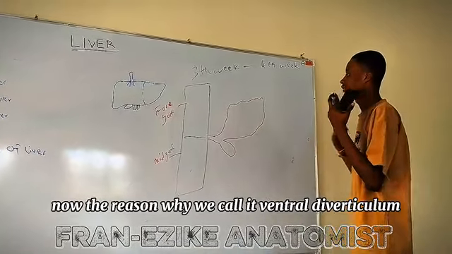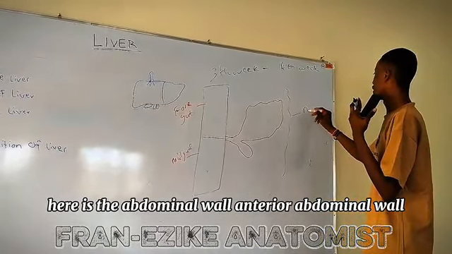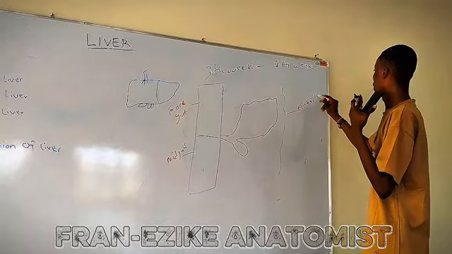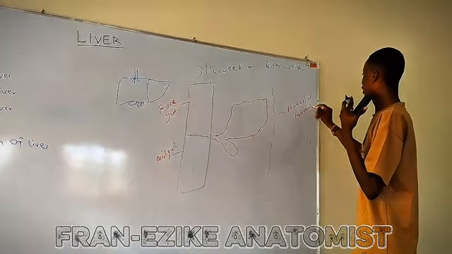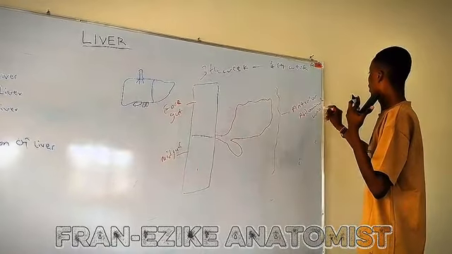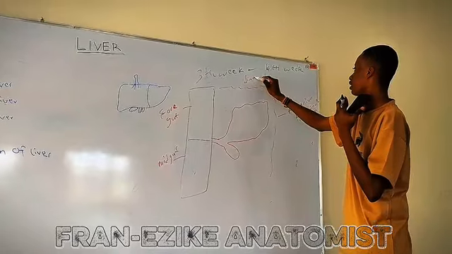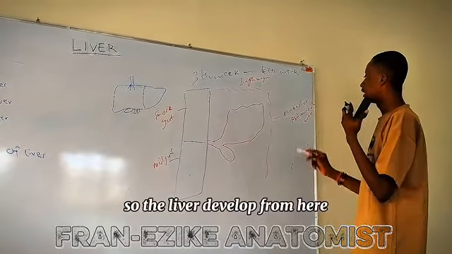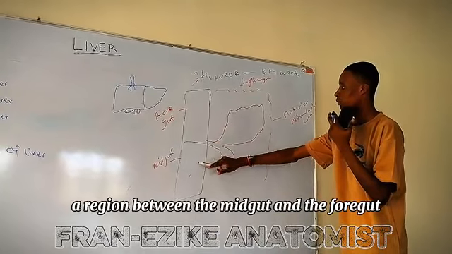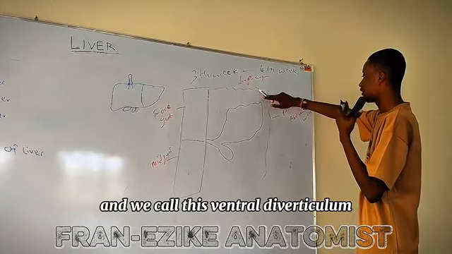Now, here is the abdominal wall, the anterior abdominal wall. So here is the region of the diaphragm. So the liver develops from here, a region between the midgut and the foregut, and we call this ventral diverticulum.